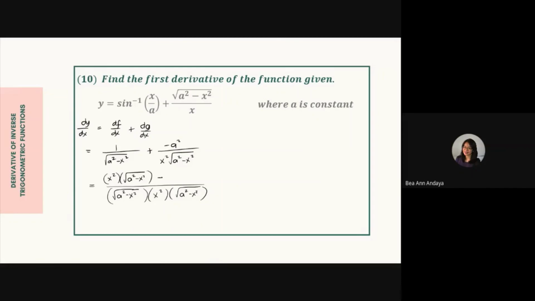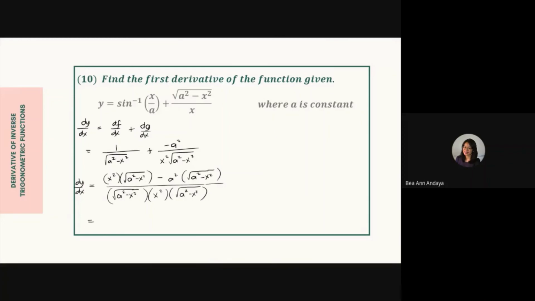Also, we have here negative the a squared times, kapag kinombine mo ito, makukuha mo yung square root of a squared minus x squared. Of course, you have to divide this and then multiply it to the numerator.